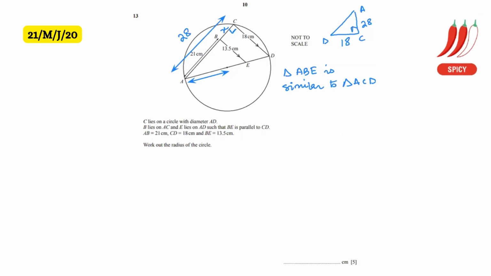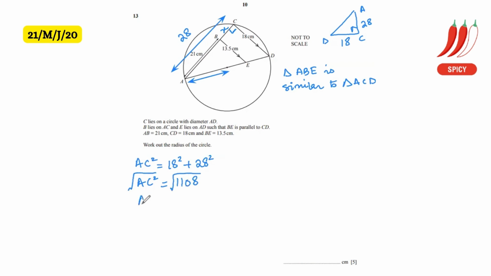And use Pythagoras to find AD. AD square equals 18 square plus 28 square, which is going to be 1108.